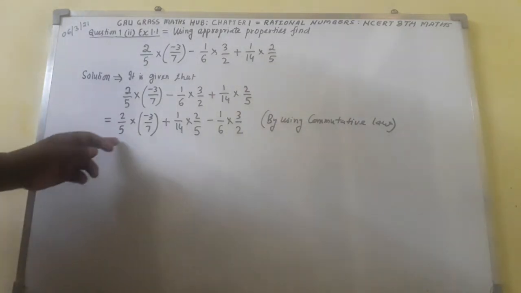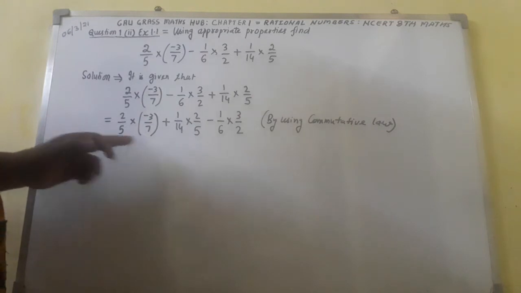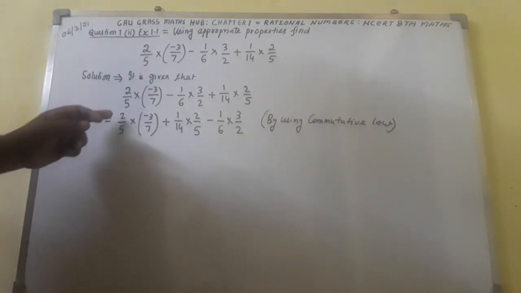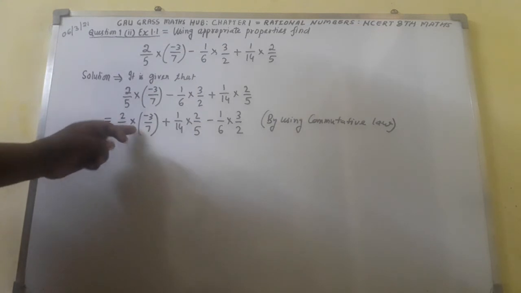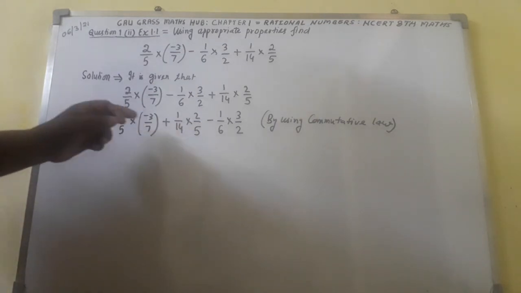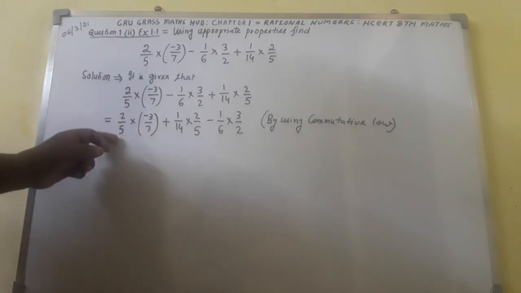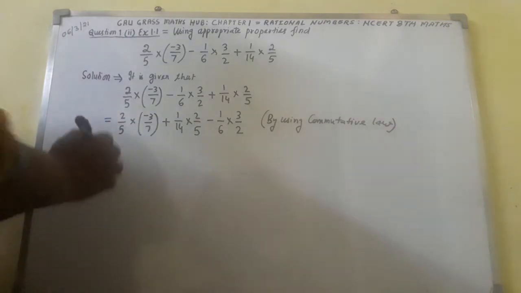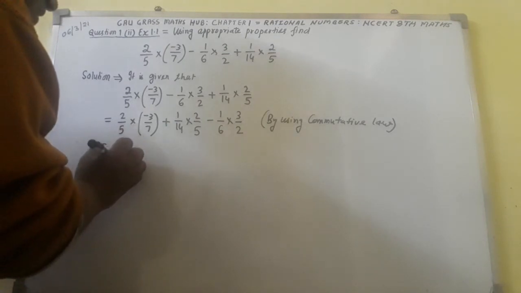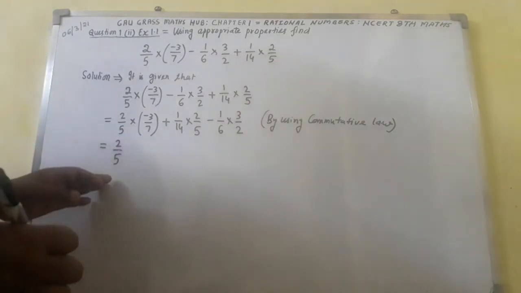So here you can see the first term is this one and the second term is this one. In the first term 2 over 5 is multiplied. In the second term also 2 over 5 is multiplied. You can take 2 over 5 as a common. So here I shall write 2 over 5 will be taken as a common.